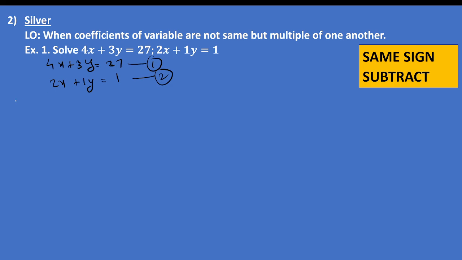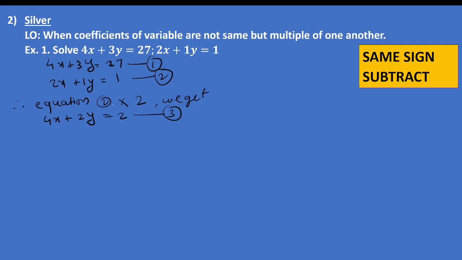Therefore what I'm going to do is multiply equation 2 by 2. So we get 4x plus 2y equals 2. This I am also giving the label equation number 3.